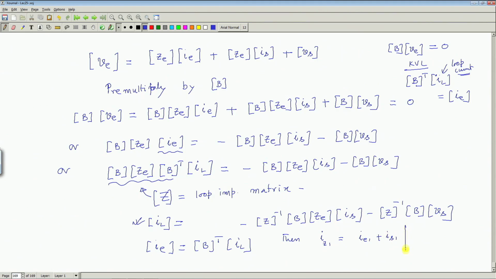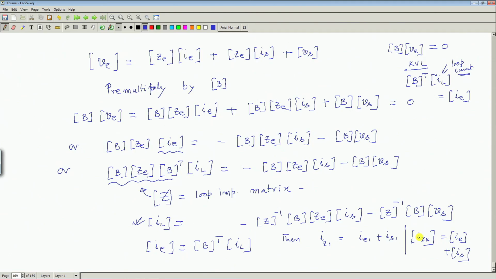In other words, the current flowing through the impedance Z k will simply be I E plus I S, and I S is already known. So, everything is now systematic and you get all the impedance currents.